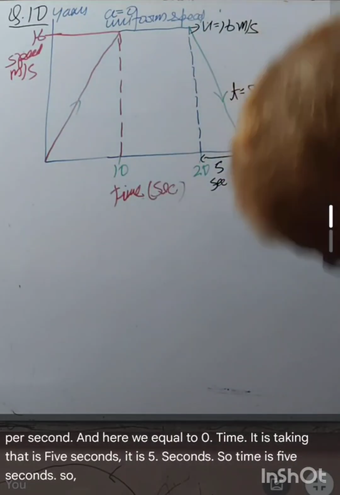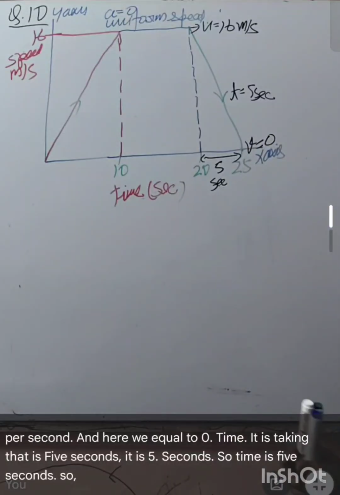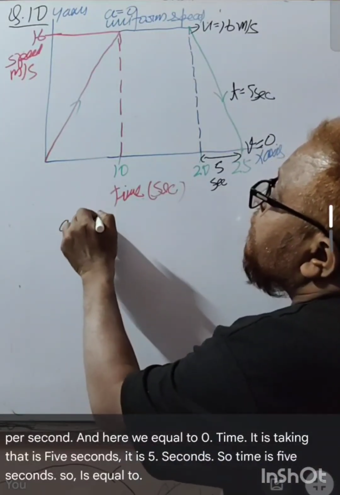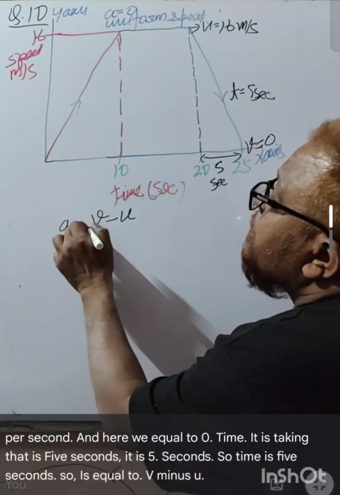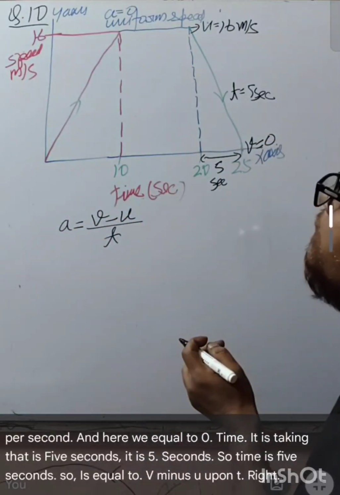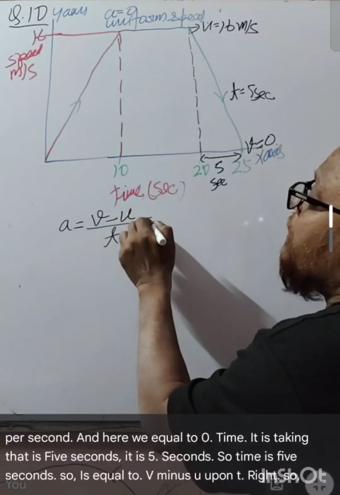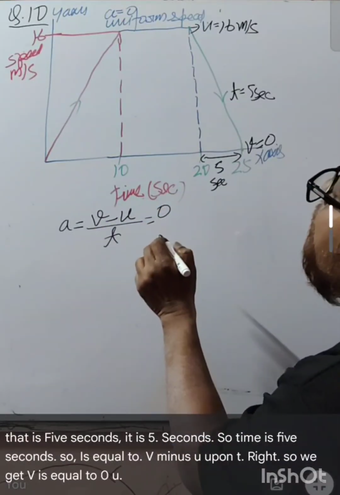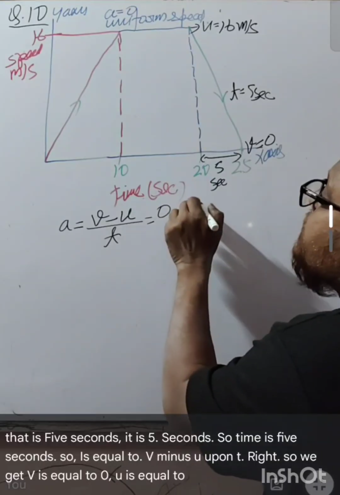So A is equal to V minus U upon T. So we get V is equal to 0, U is equal to 16.